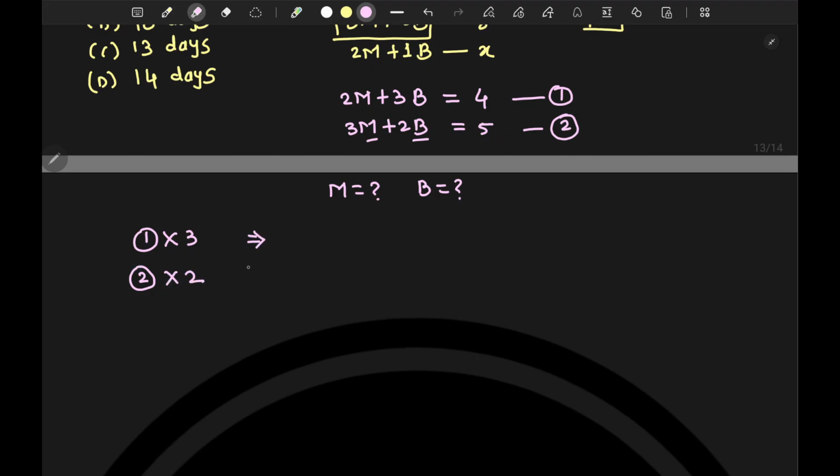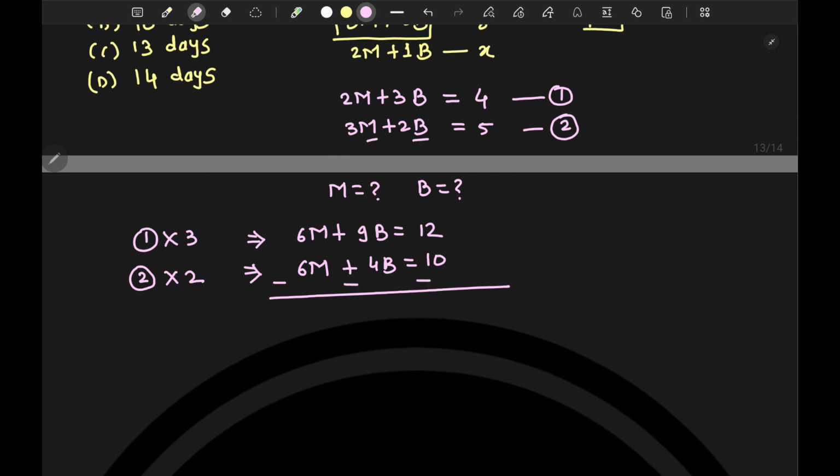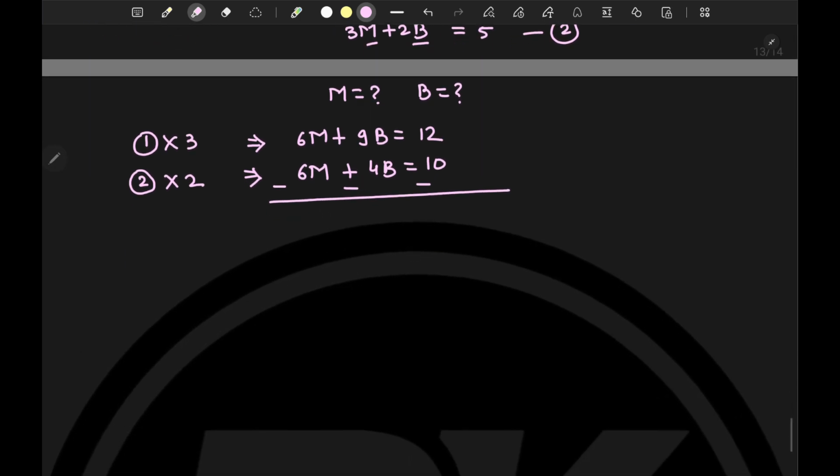So if I multiply equation number 1 by 3, it will be 6M plus 9B is equal to 12, right? And if I multiply equation number 2 by 2, it will be 6M plus 4B is equal to 10.